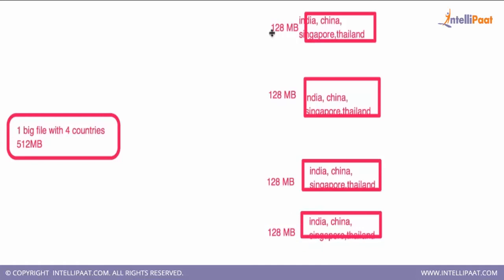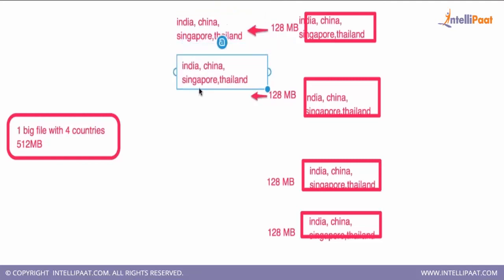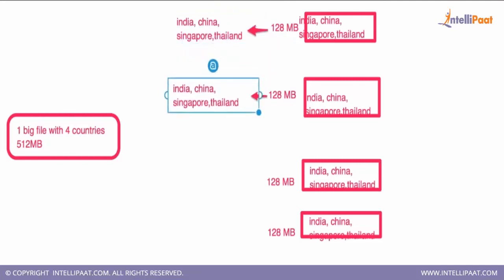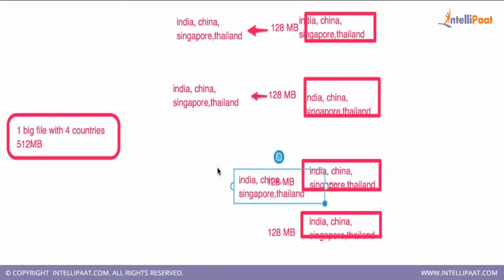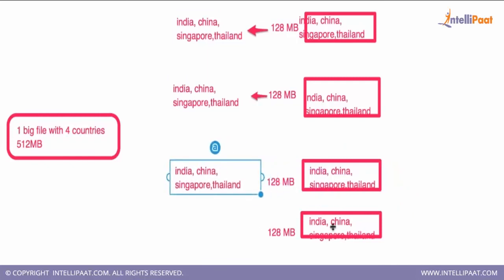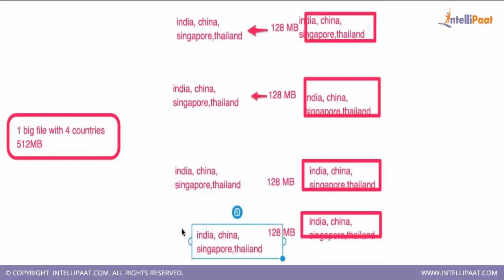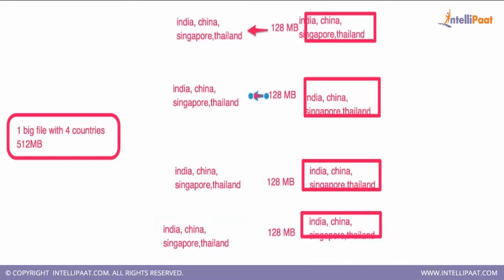Now mapper 1, whatever output it gives, will still have information for all the 4 countries. Only mapper output. Whatever operation you are performing, so far we've not got to shuffle and sort.